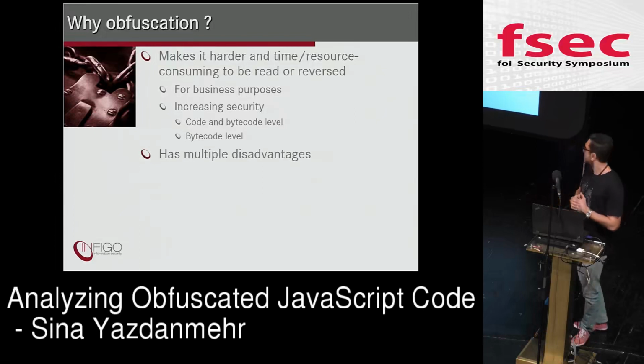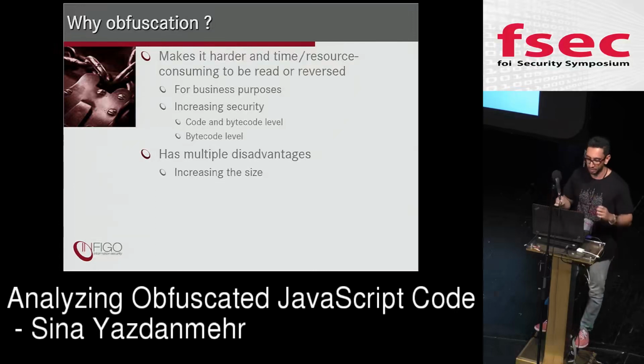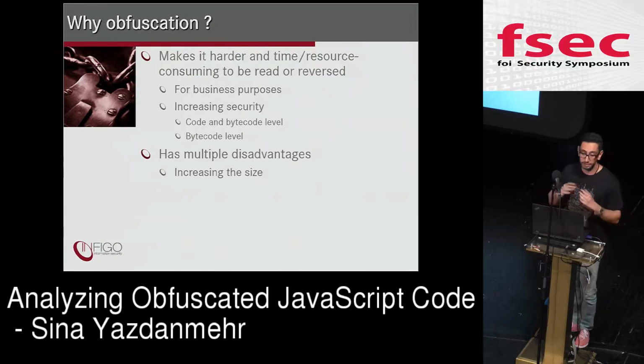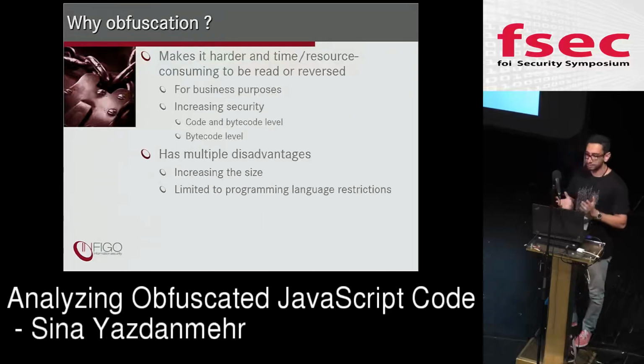But about disadvantages, as we saw earlier, the obfuscated version of our code is bigger than the original size. So obfuscation at the first stage increases your code size. Of course, you cannot do just anything with obfuscation; you're limited by the programming language.